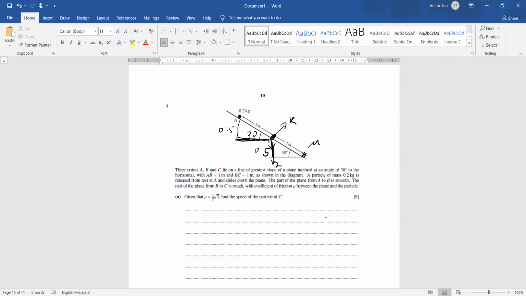R is 2 sine 30, equals 1. Friction is mu R, which is half root 3.